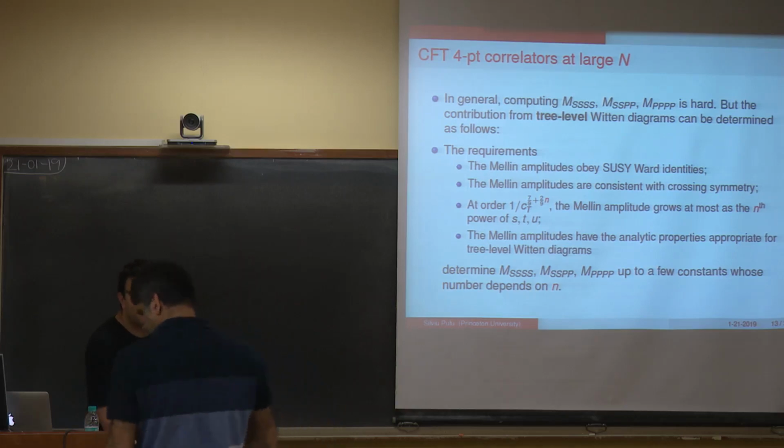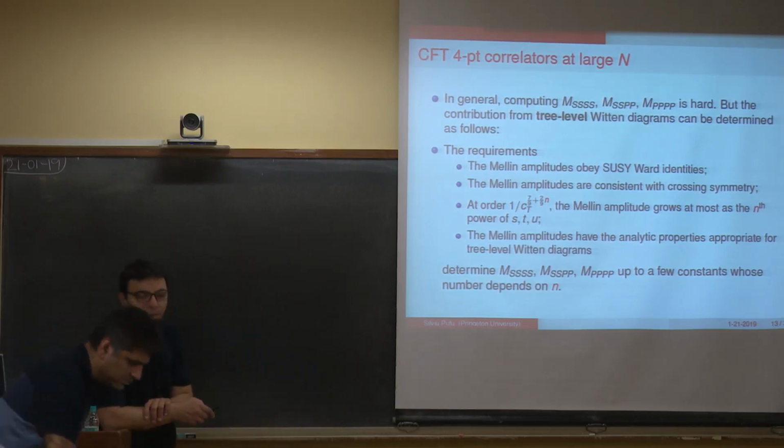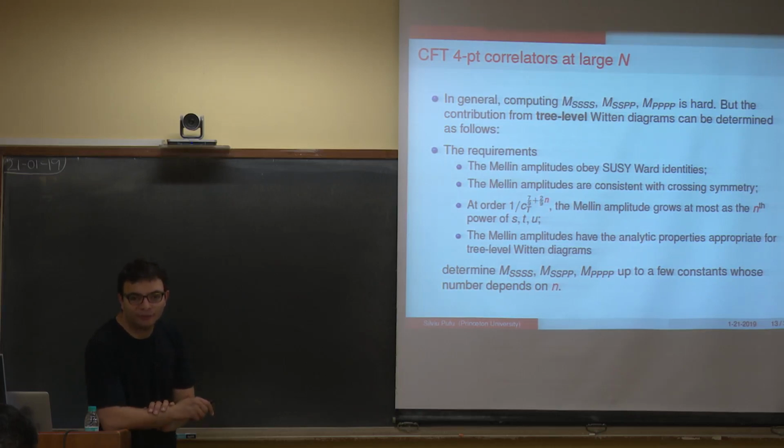Yes. So the job is to construct those values, and think of that as what is being determined. Mellin amplitudes differ from the flat space scattering amplitudes in that they have lower powers of S, T, U as well. So in the flat space limit, a bunch of things are forgotten, but you want to reconstruct them back. Correct. Yes.